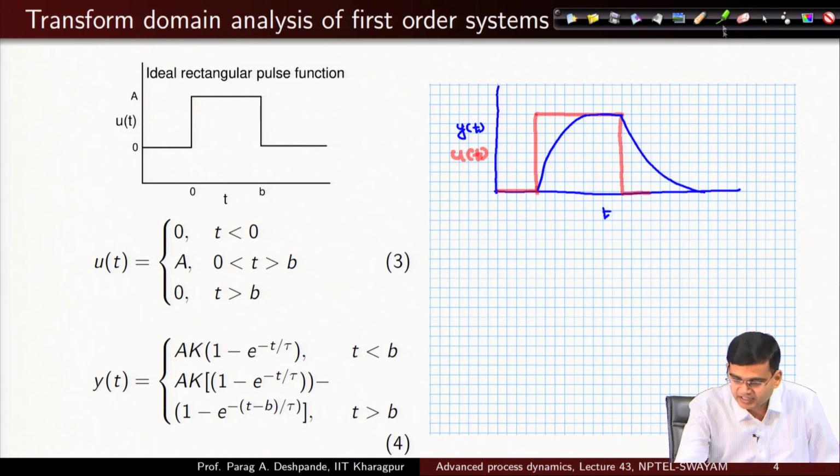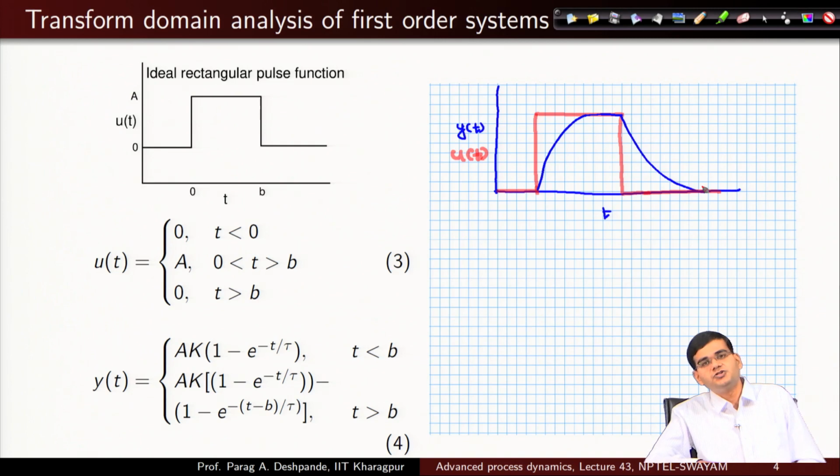Okay. So, let me extend this also like this. Now, how sharply would it rise and how sharply it would come down, whether it would be able to catch that up or not, it will depend upon the time constant.